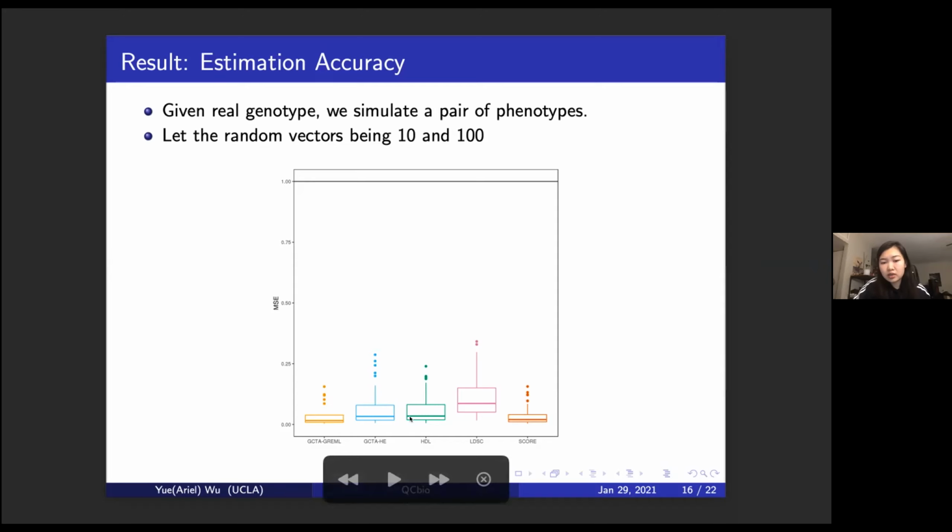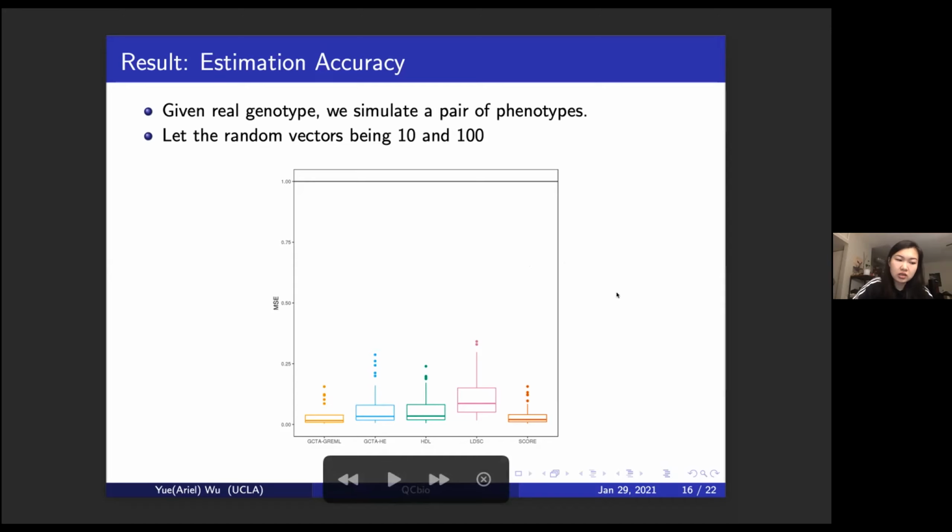So in here, we consider different situations with different true architectures. So we perform simulations taking a subset of UK Biobank, and then we simulate a pair of phenotypes, and then we consider different architectures.